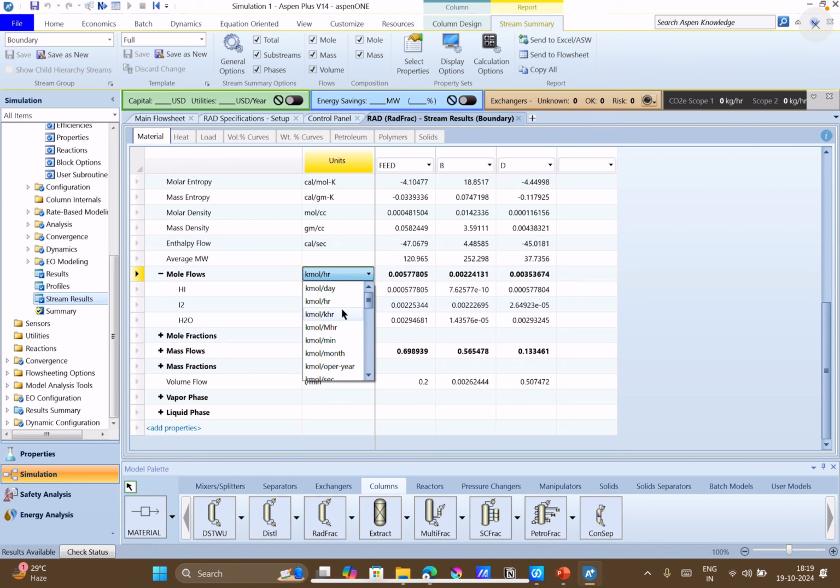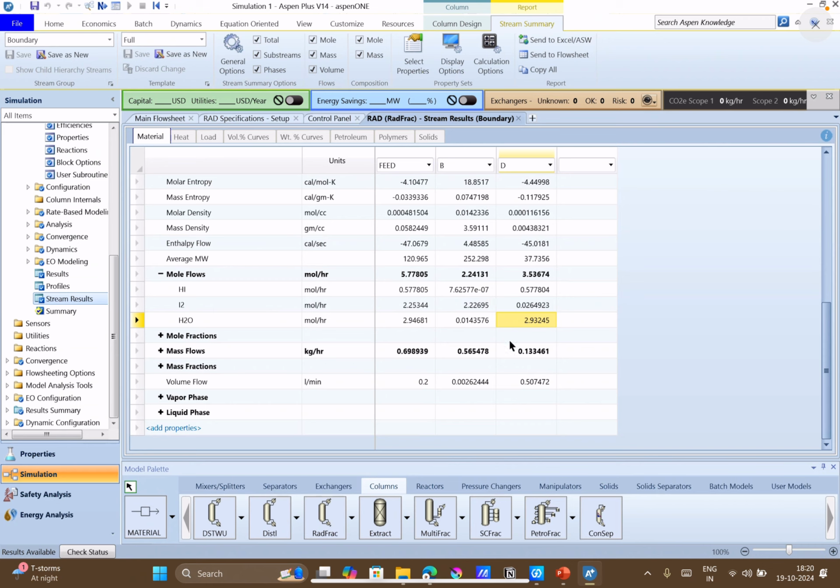Let me change its unit to per minute. So iodine is a major part of our bottom components, where you can see both HI and H2O are in very small amounts, while the top distillate contains mainly HI and water.